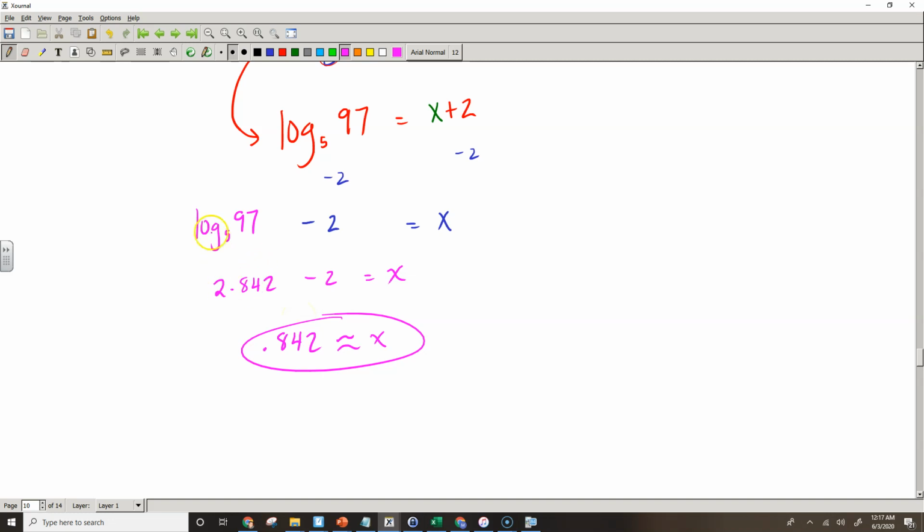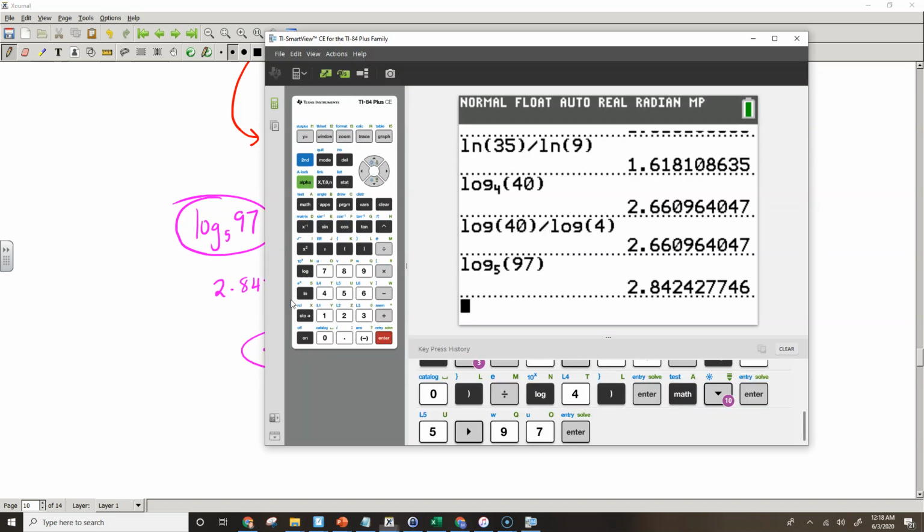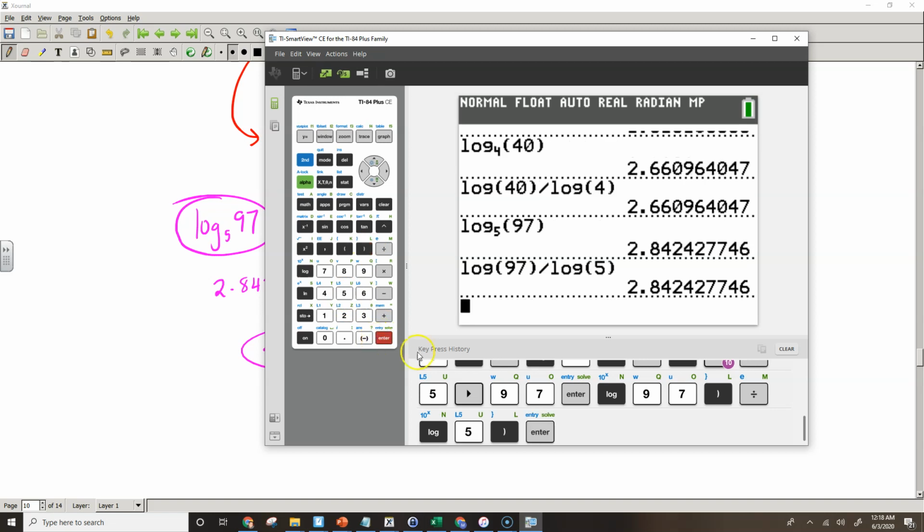Again, if you're looking at this and saying, hey, I don't have that log base button, if you have any calculator at all, you can do that just by using the normal log button and going log 97 divided by log of 5, and that is still 2.842.